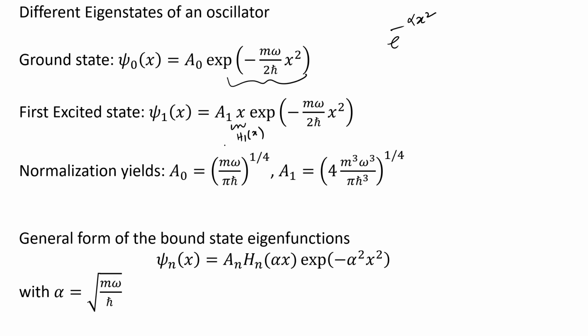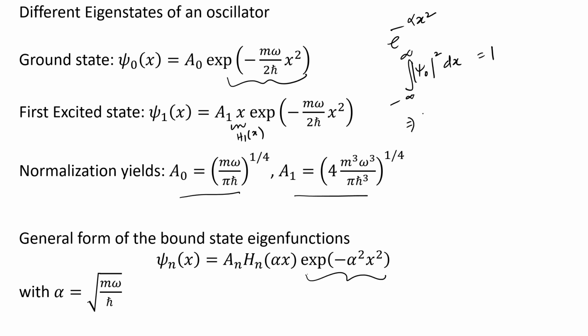In general, they would be written as a_n H_n of alpha x, and then there is an exponential minus alpha square x square, where alpha is given by root over m omega by h cross. And how did we find out these values of a0 and a1? That is easy, because the integral of mod psi 0 square dx from minus infinity to plus infinity should be equal to 1.